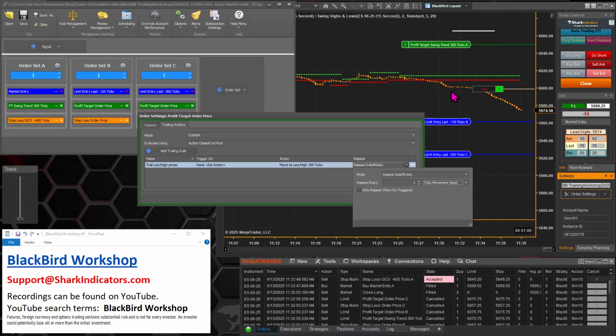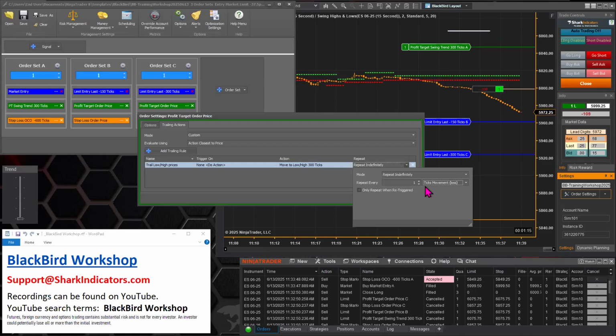So if you're on a 10-minute chart, in which case there could be only a few bars between the profit target and these other entry orders, right? Obviously, the larger the time frame is on your chart, the fewer bars you're working with.